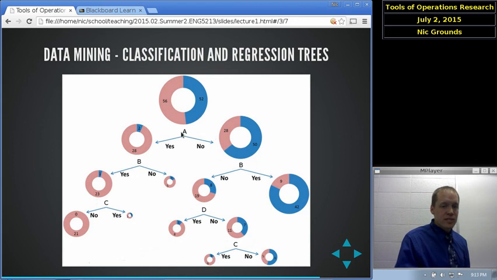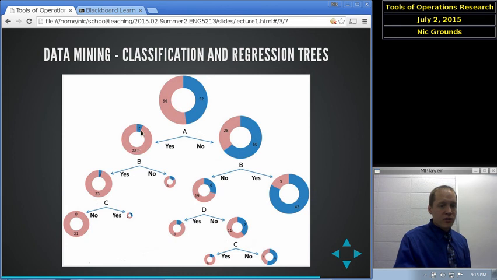Okay, so in this case it's just represented with an A and a yes and no, but really what we'd be saying is, say, GPA is less than 3.0. Either that's true, yes, or it's not true, no. So every one of these 108 records goes either to the left or to the right.